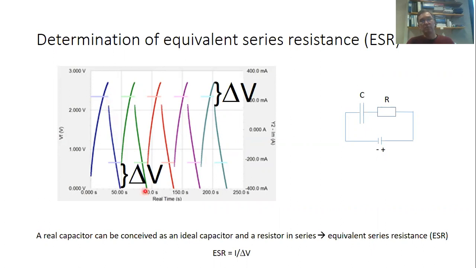So essentially the voltage difference that we measure here is equal to the constant current times the equivalent series resistance. When we solve this equation for the equivalent series resistance, it is equal to the constant current over that delta V here. So this is how you can measure the internal series resistance of a supercapacitor very easily.